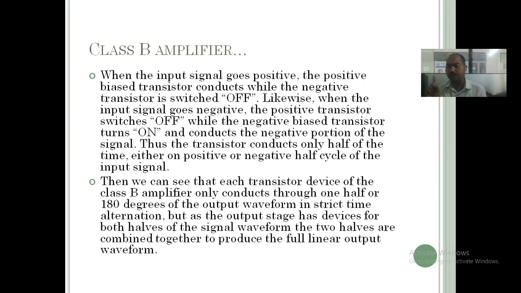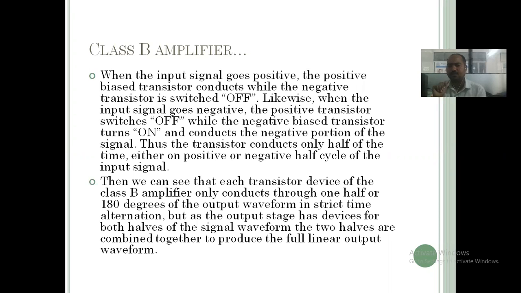So what happens: one of the transistors is turned on, the other is turned off at any time, right? The condition here is that only one transistor is on, which means the other transistor is turned off. When the input signal is positive, only the positive biased transistor works at that time.